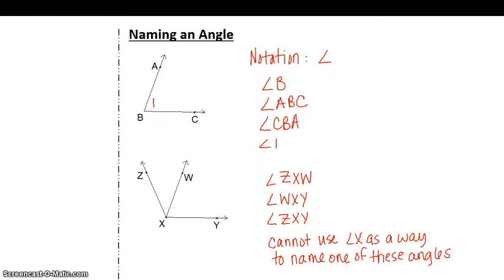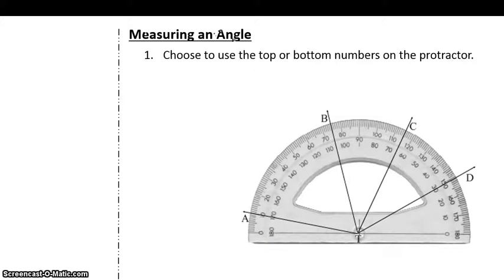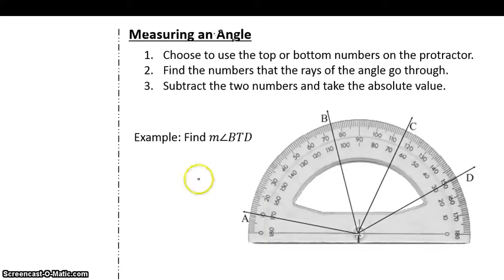So when you're naming an angle, you just write it that way. Now, when you're trying to find the measure of an angle, the proper notation is that you put this little m in front of whatever angle you're trying to find. Remember I said in geometry it's really important that you use proper notation. This is one of those times. So for the measure of an angle, you put the little m in front. And measures of angles are always in degrees, at least in this class.